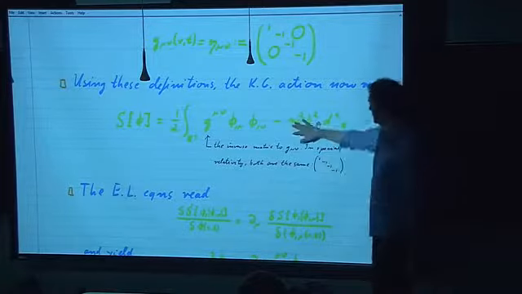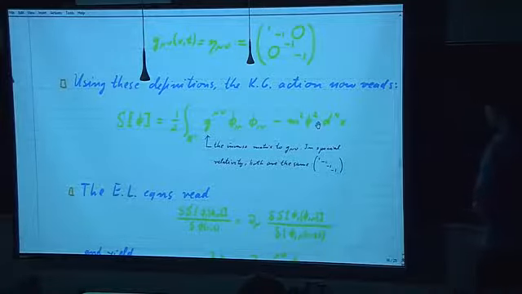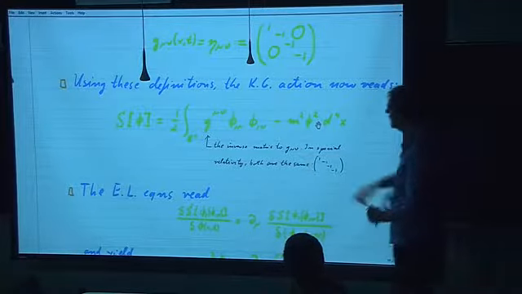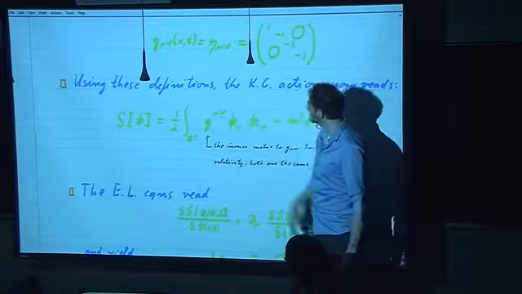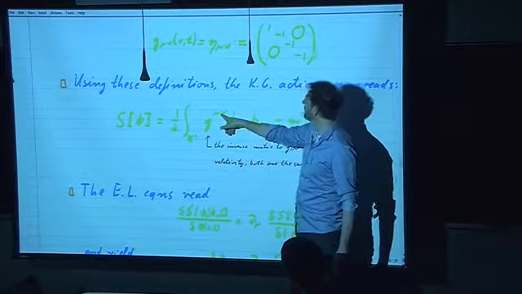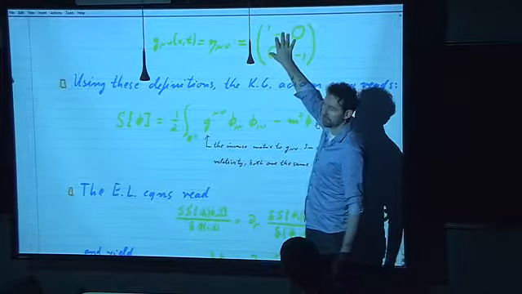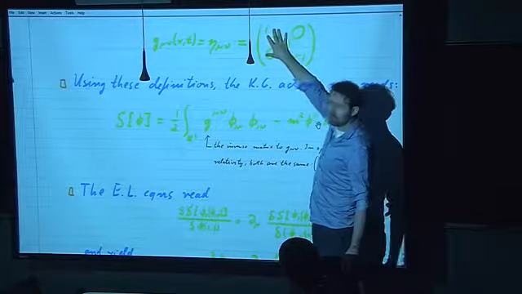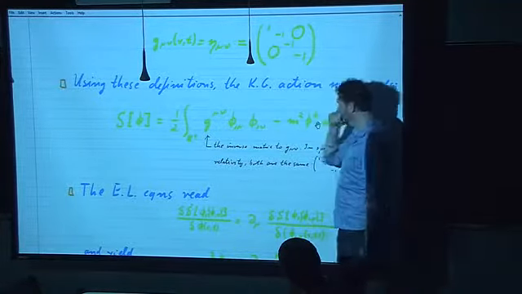And then here's the mass term. A definition that I used here is G mu nu with upper indices. The G mu nu with upper indices is by definition the inverse of the matrix with lower indices. But in this case, it's the same thing. This is its own inverse.